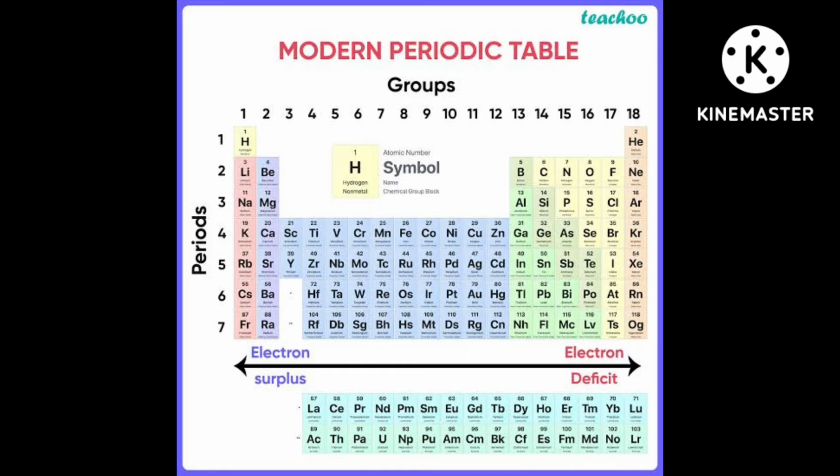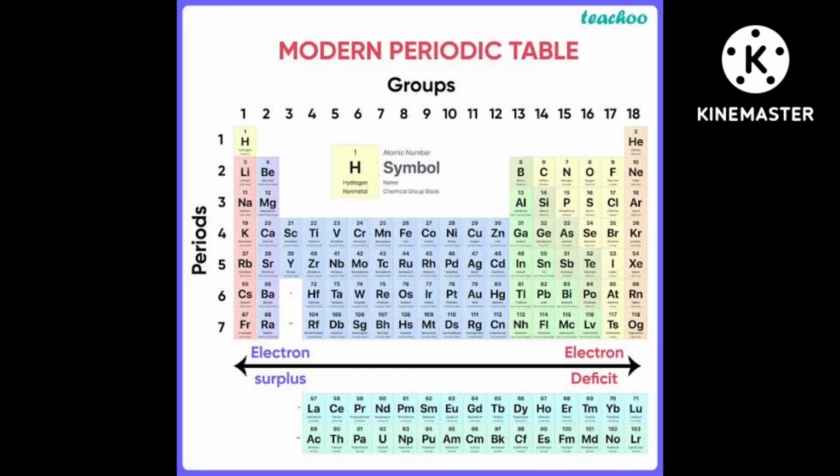Now listen: periodic law is essentially the consequence of the periodic variation in electronic configuration, which indeed determines the physical and chemical properties of elements and their compounds.